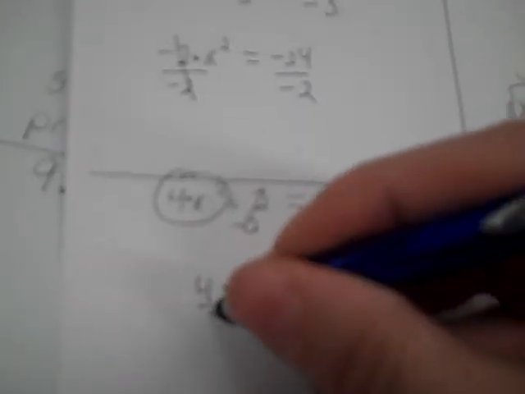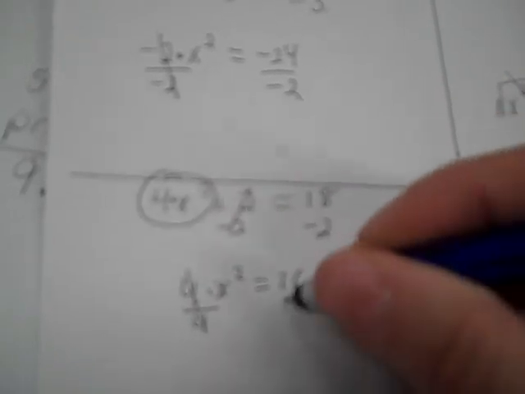Then divide by 4. And now after I divide, I come here to this one. So 16 divided by 4 is 4. Now what number times itself is 4? Well, 4 is in the loop, so it's 2 times 2. So the answer is 2 or negative 2.